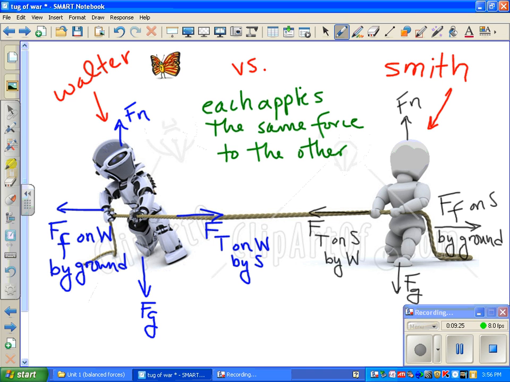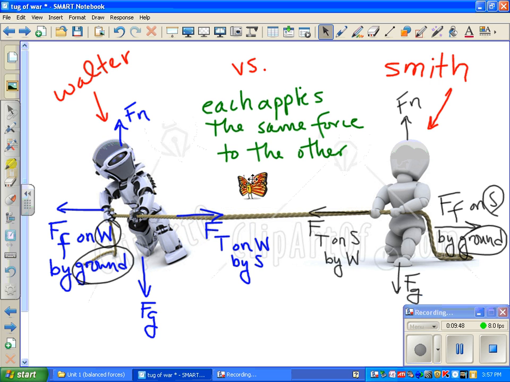Well, looky here. We've got Walter, ground, ground, and Smith. That's more than two objects, folks. 1, 2, 3. That's 3 objects, so we can have more than one force.